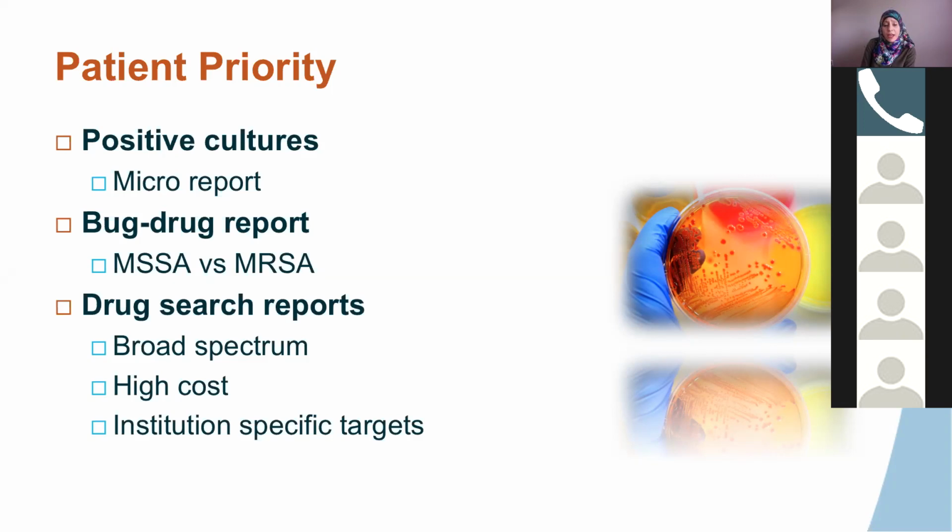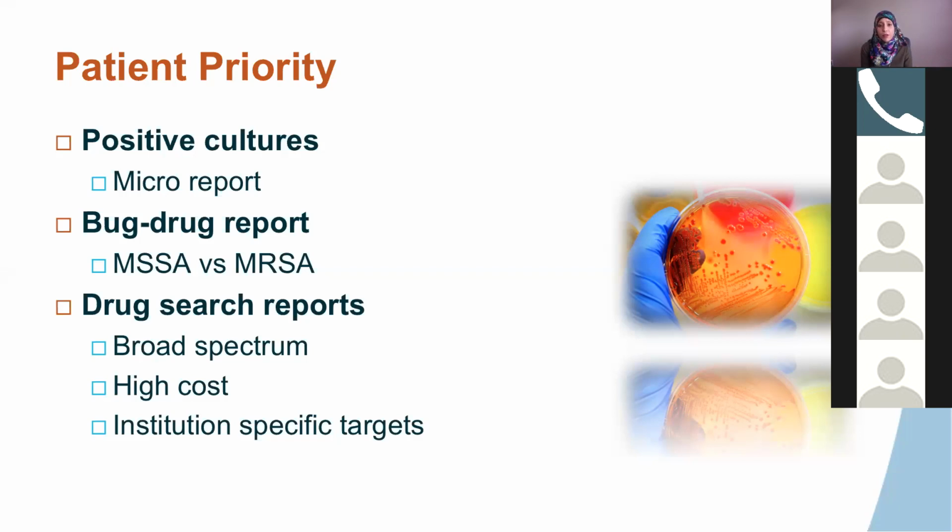And then another way you could do this is doing a drug search report. So for example, if you just want to focus on broad spectrum antibiotics, do a search of all the carbapenems, like for example, meropenem, or do a search by your high cost drugs, like aztreonam or daptomycin, and then just review those patients for accuracy, basically, and see if there's stewardship potential for intervention there.